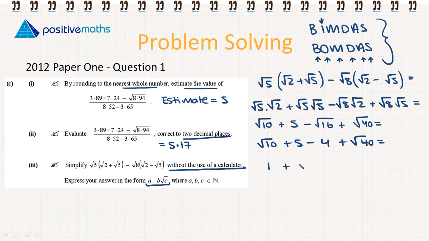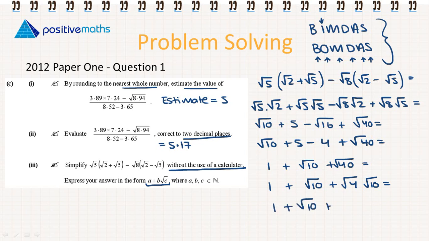Okay, so plus 5 minus 4 is going to give me 1. So then I have plus the square root of 10 plus the square root of 40. 1 plus the square root of 10. Now I'm going to break up the square root of 40 so that it's plus the square root of 4 by the square root of 10. So now I have 1 plus the square root of 10 plus twice the square root of 10.